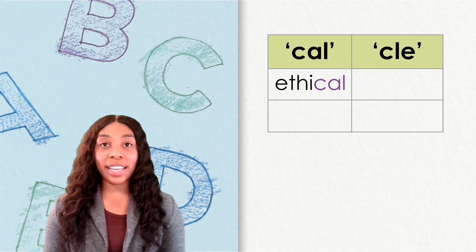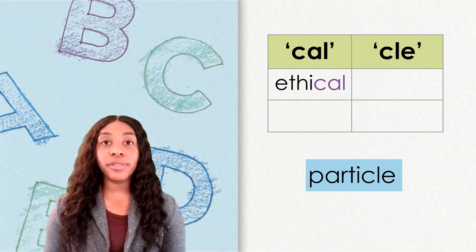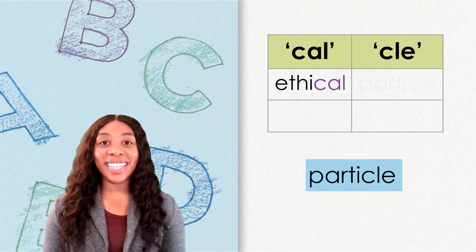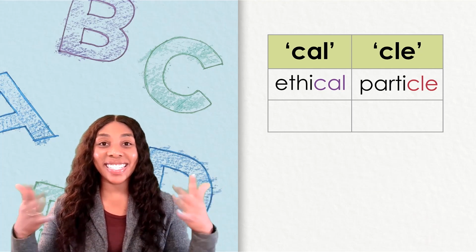Our next word is particle. How is the k sound spelled in particle? If you said C-L-E, you were right. Go ahead and give yourself a silent celebration.